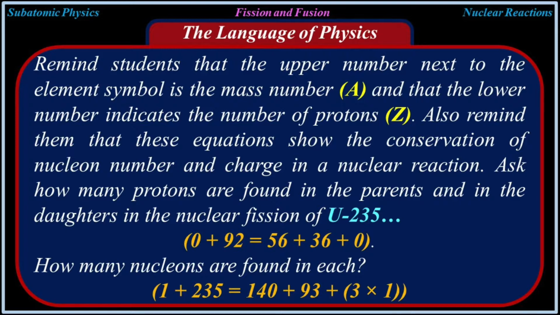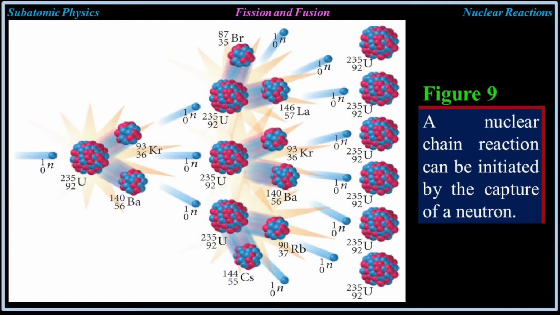Ask how many protons are found in the parent and in the daughters in the nuclear fission of uranium-235. 0 plus 92 equals 56 plus 36 plus 0. How many nucleons are found in each? 1 plus 235 equals 140 plus 93 plus 3 times 1.